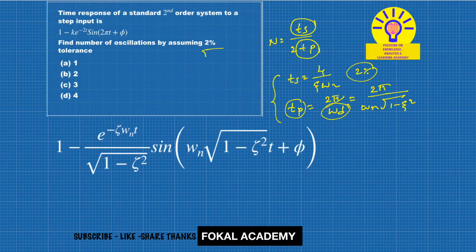Okay, but we want the number of oscillations. So we can calculate the Ts value. So we want zeta into omega n. So by comparing with the standard unit step response, here e power minus 2t is there, here e power minus zeta omega n t. So the t coefficient, that is minus zeta omega n, is equal to minus 2.